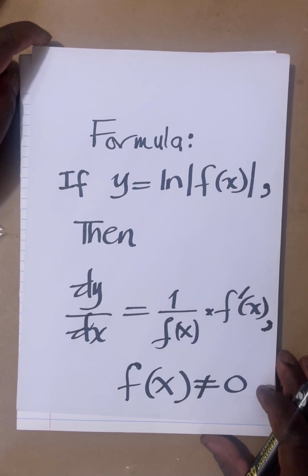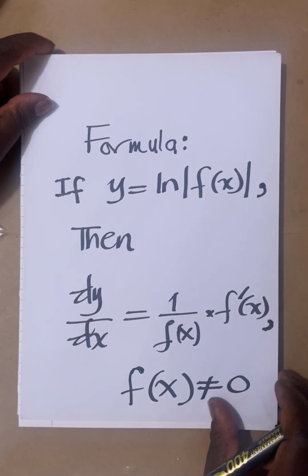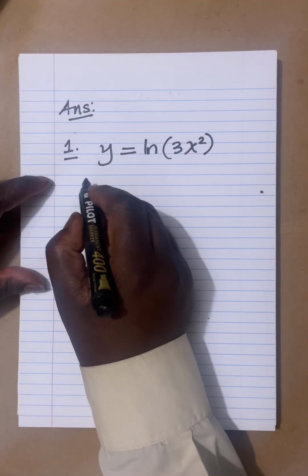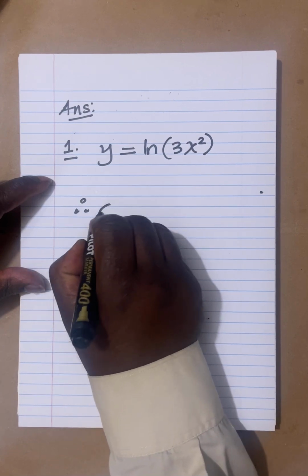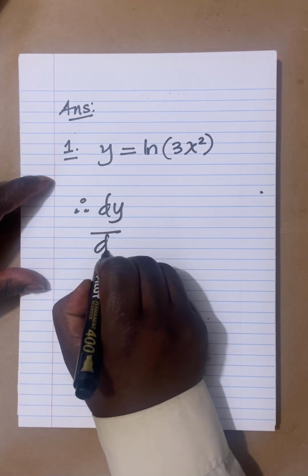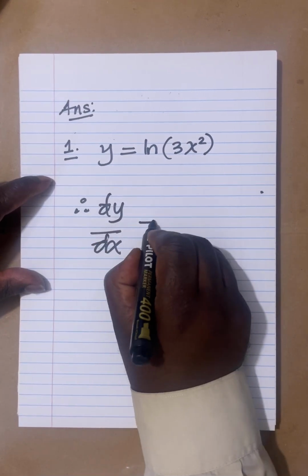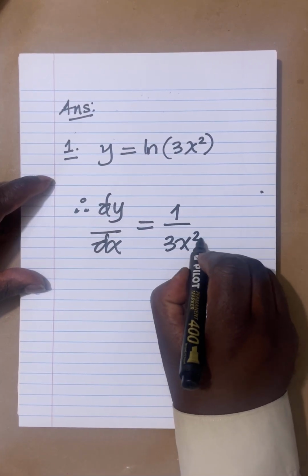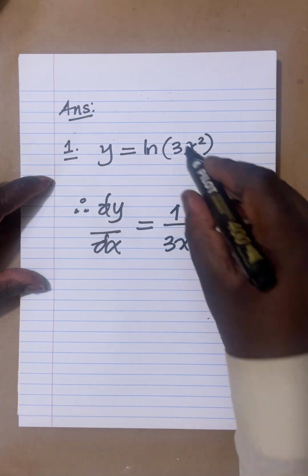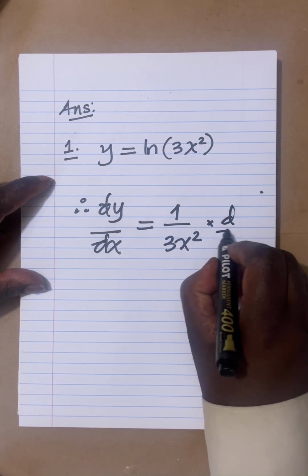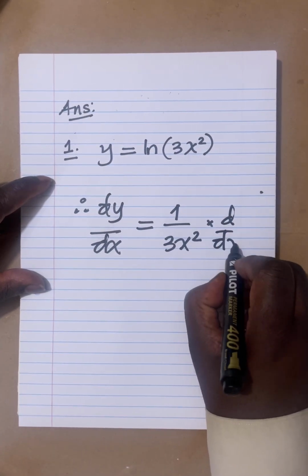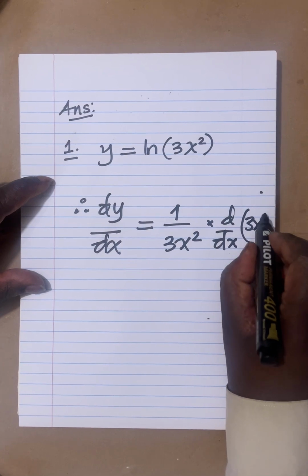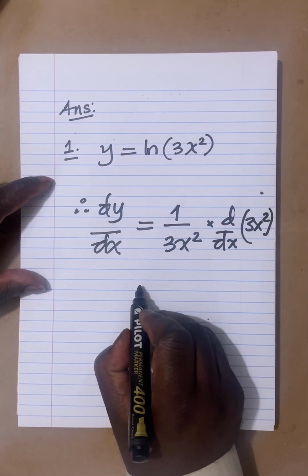And following this formula here, we have to reciprocate the function and then multiply by the derivative of the function. So we're going to say, therefore, dy dx is equal to the reciprocal of the function multiplied by the derivative with respect, obviously, to x of 3x squared. Now, let's simplify that.